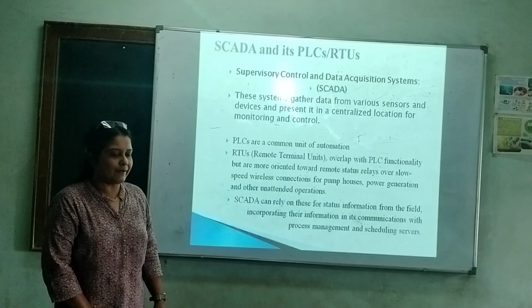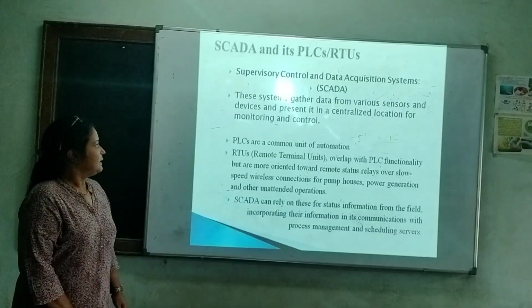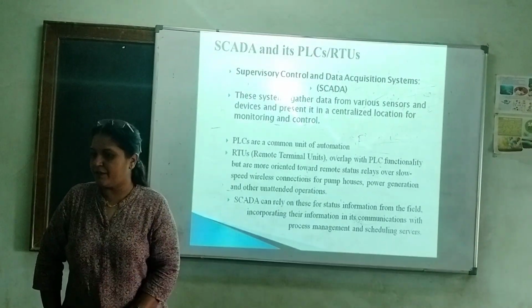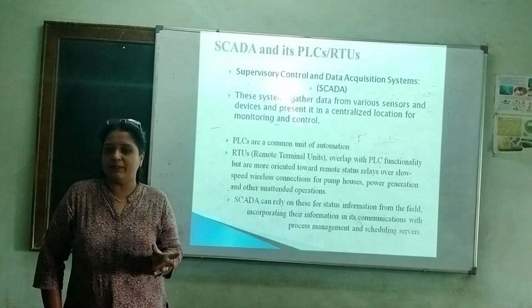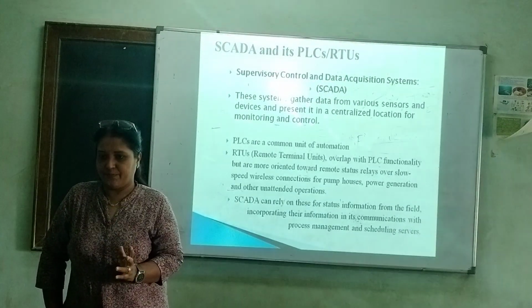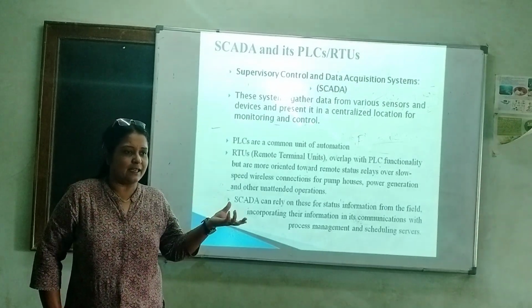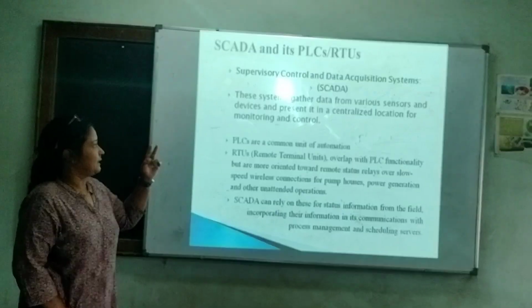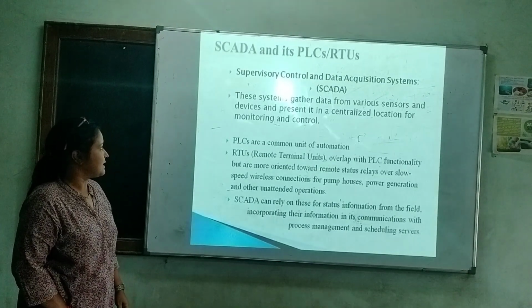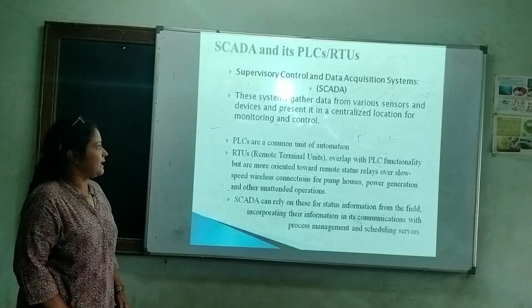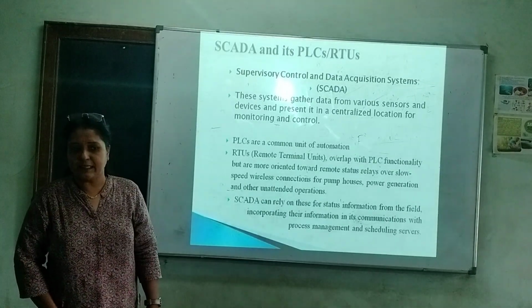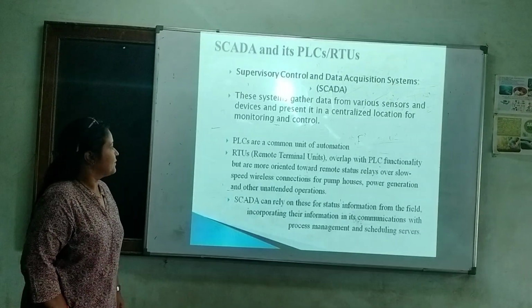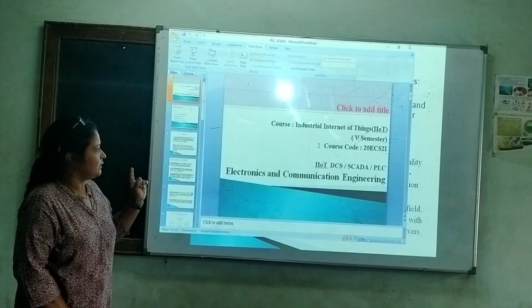What is the main function of SCADA? It collects data from the various sensors and devices and gives it to a centralized data unit for processing. It gathers the data from the various sensors and devices and presents it in a centralized location for monitoring and controlling purposes. Now PLCs are a common unit of automation.